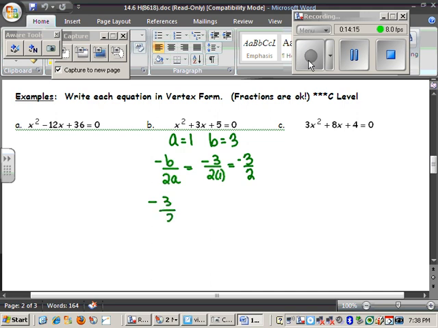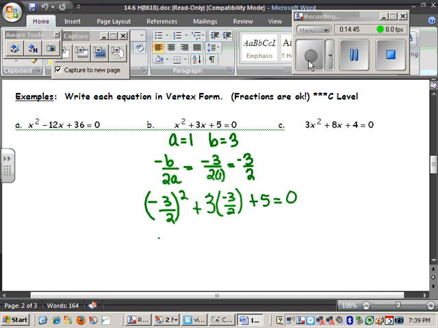-3 over 2 squared, plus 3 times -3/2, plus 5 is equal to 0. When I square -3/2, I'm going to just square both the numerator and the denominator.